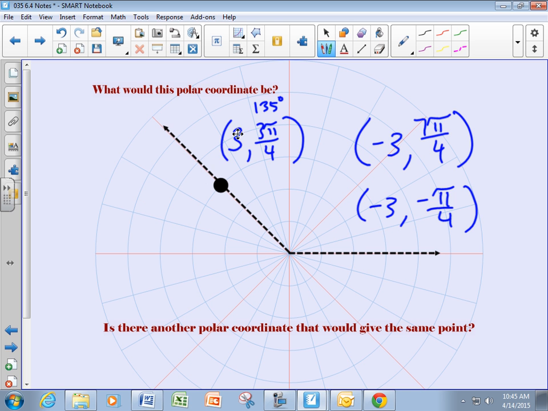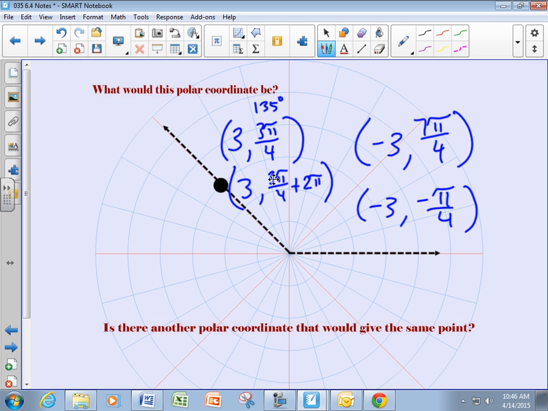Something else you might have thought of here, kind of similar to our coterminal angles, is we could have done positive 3, and we could have gone around and then back to 3 pi over 4. So it's almost like we could have taken 3 pi over 4 and added 2 pi to that, and that would have given us another ordered pair.